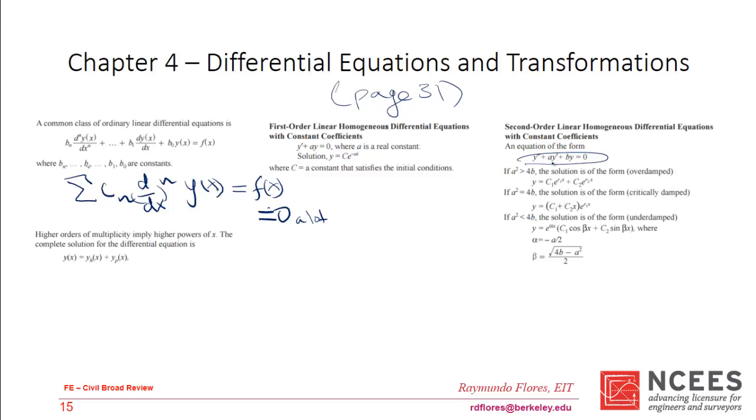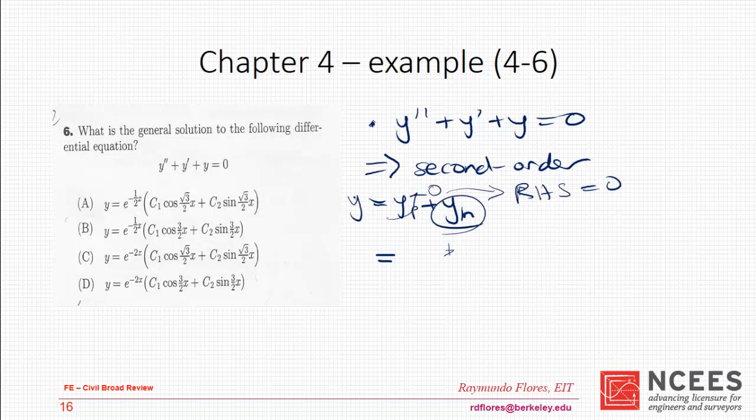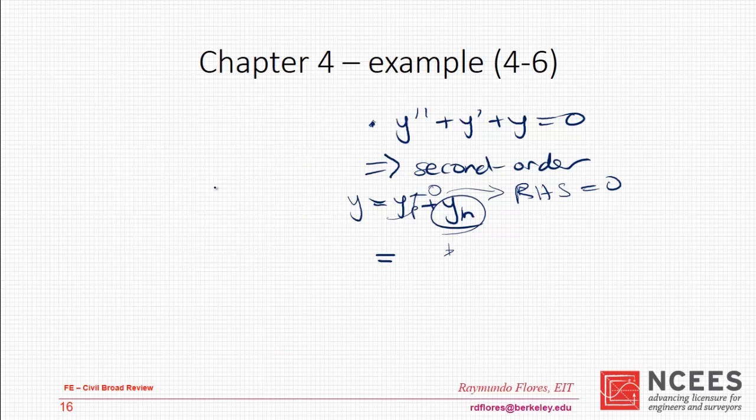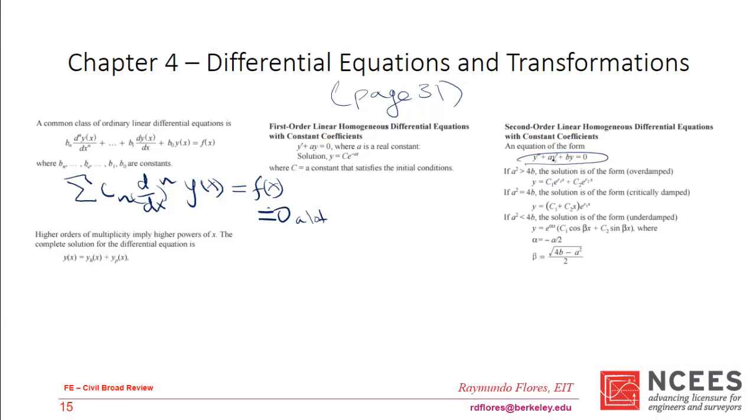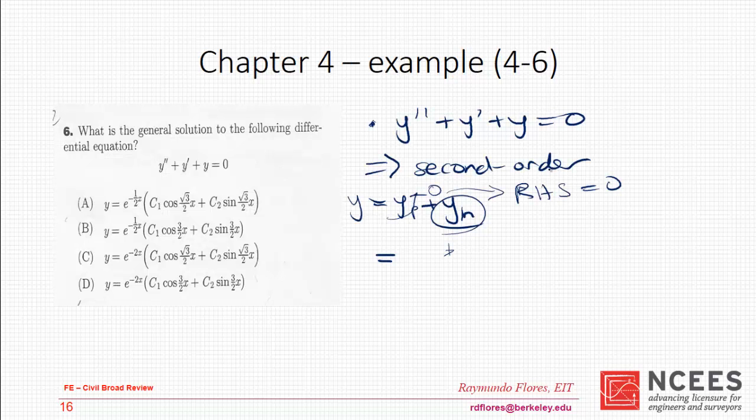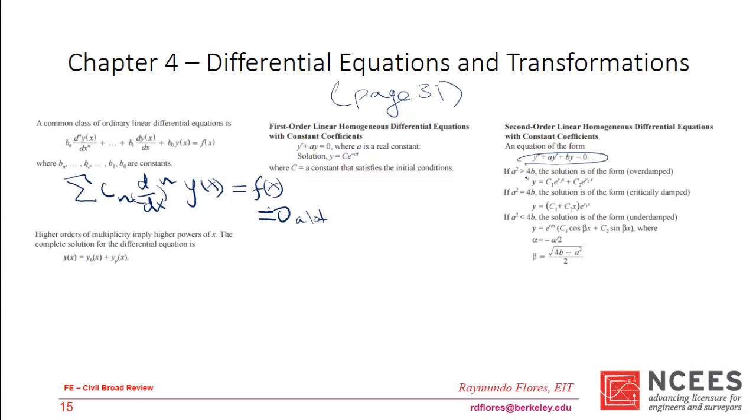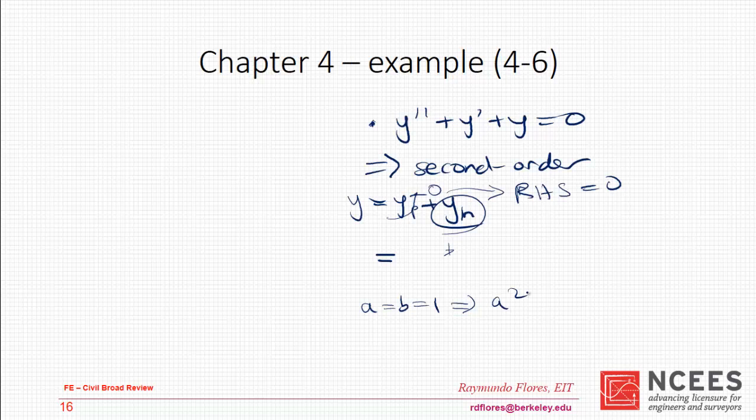So let's consider the form. First of all, we have to ask ourselves, is it in this form? Well, the form is y double prime plus a y prime plus b y equals 0. And this is in the form, such that a equals b equals 1. So then we can say that a squared is equal to 1, which is less than 4 times b, which is 4, right?